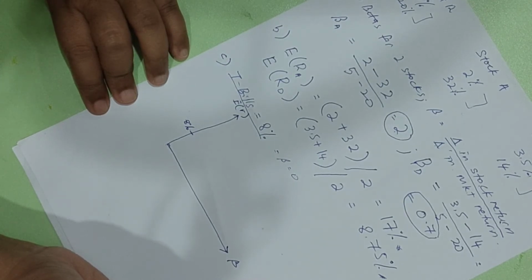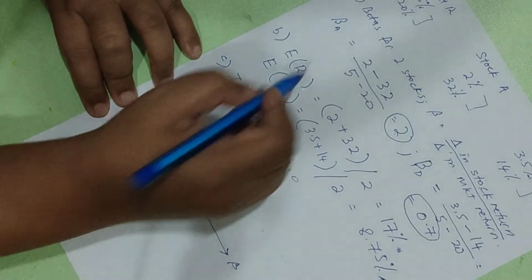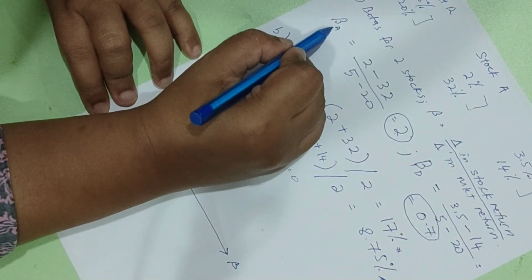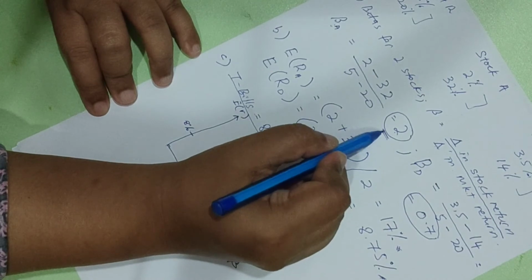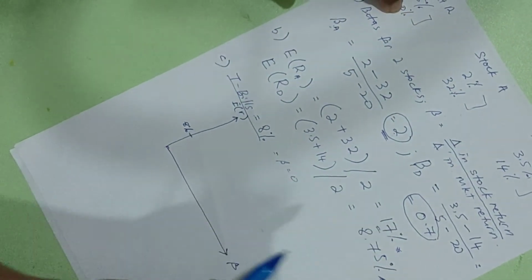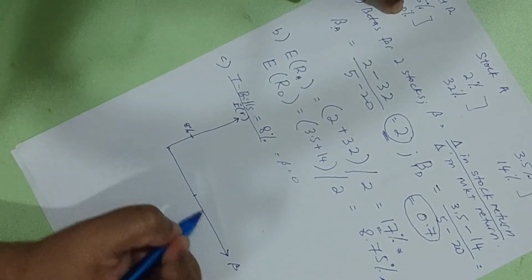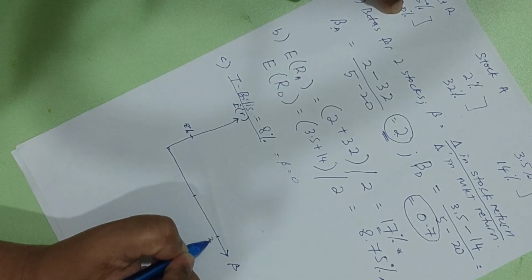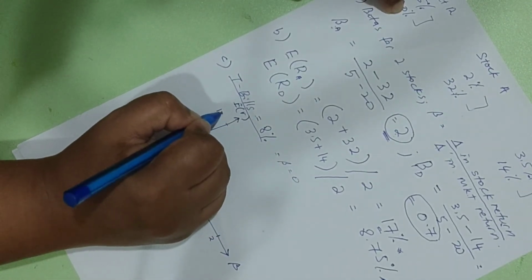The first one is from stock A just now. Stock A says that the beta is 2, and when beta is 2, the expected return is 17. So let's say this is 1, this is 2, and let's plot this one as 17.